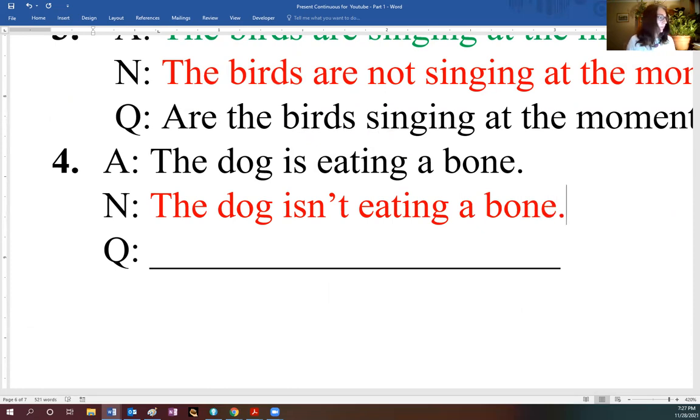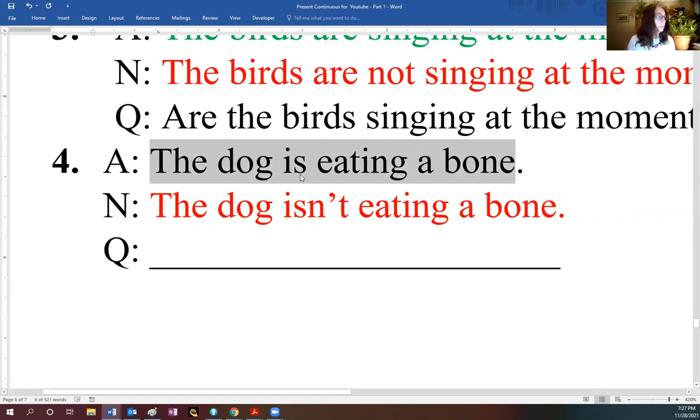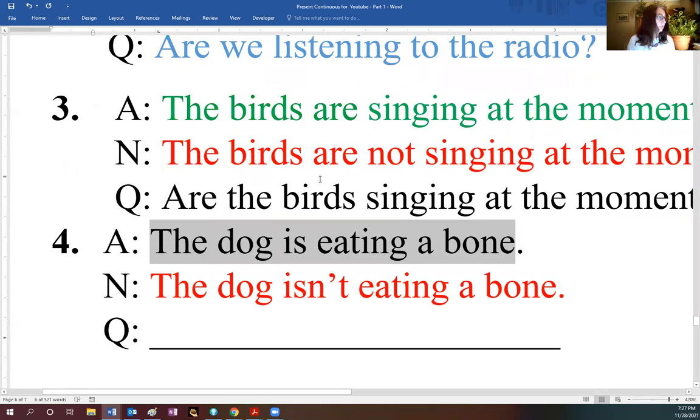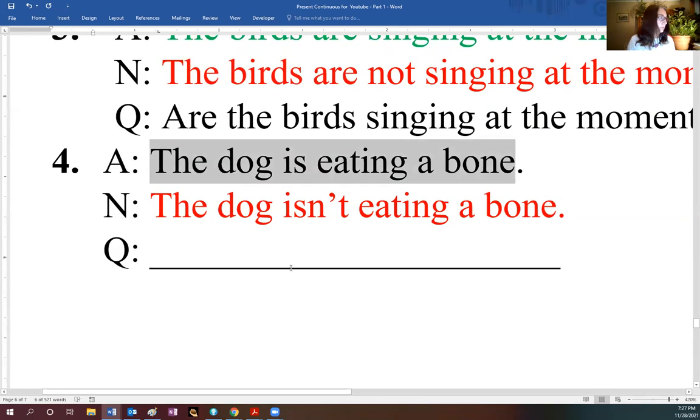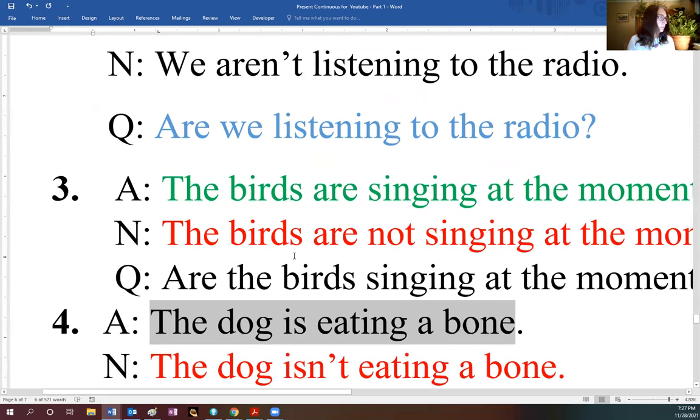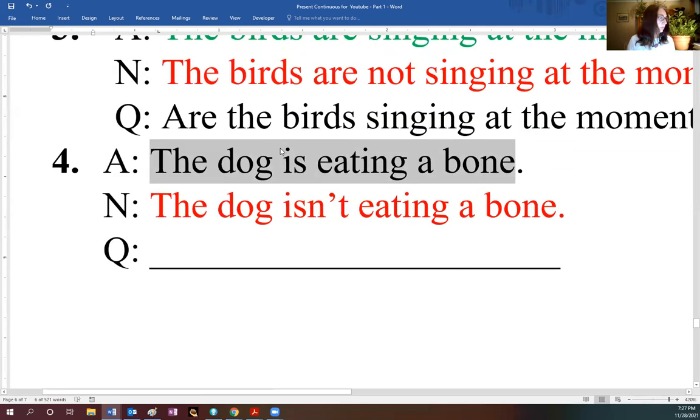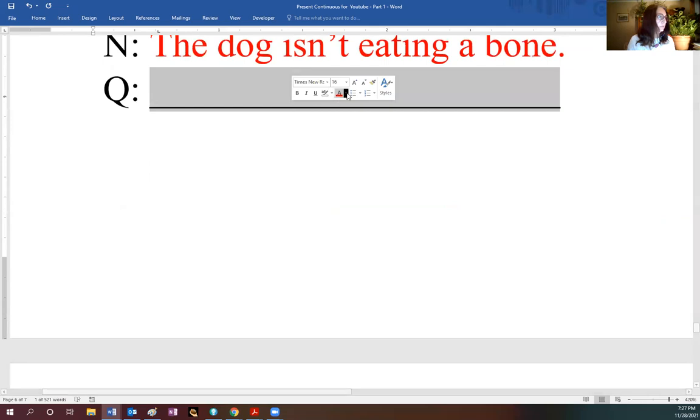Okay, and what about the question? Again, you remember if you look at this one, what do we do? Then the verb to be comes first and it will make a question. The question was blue, so let's make it blue then.